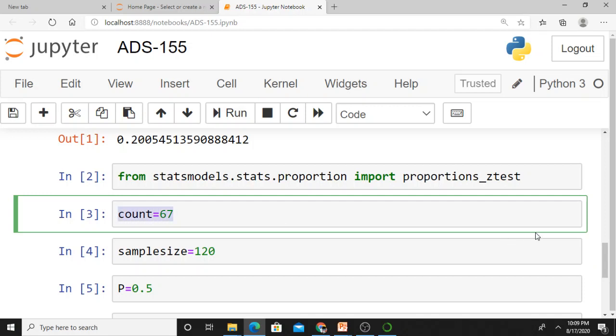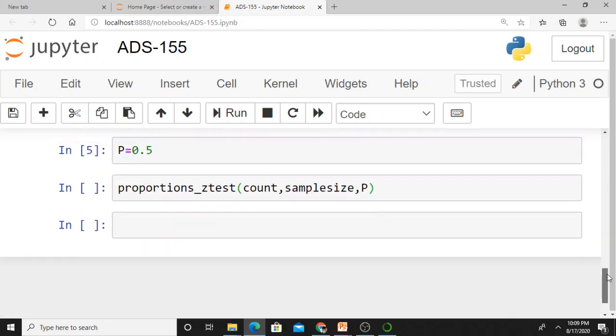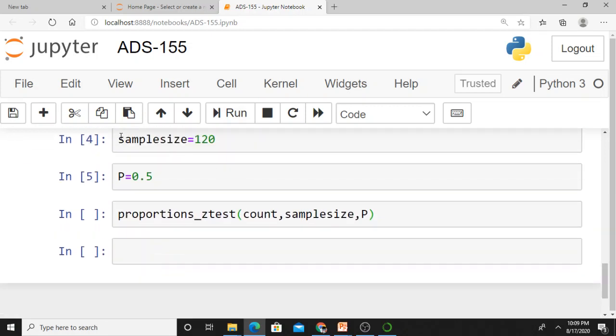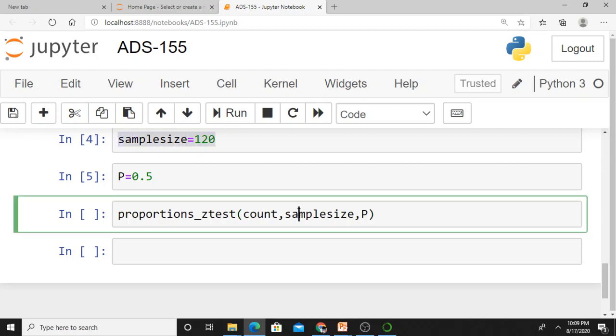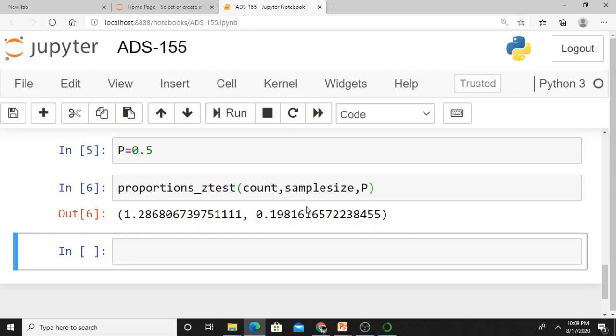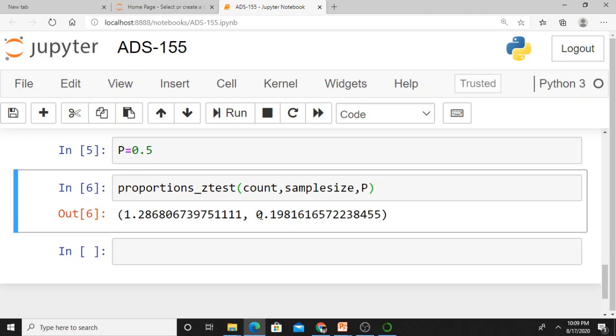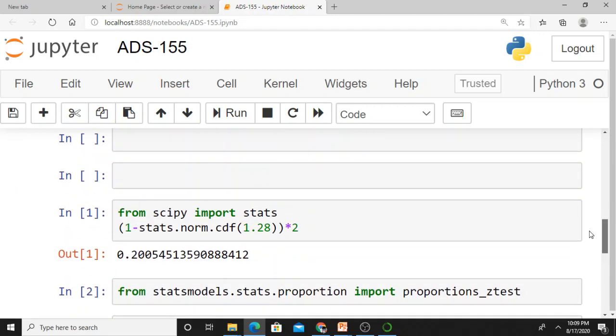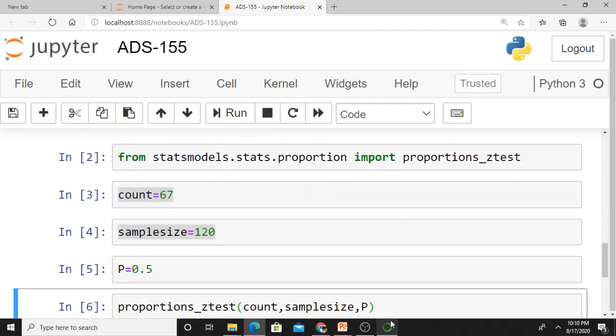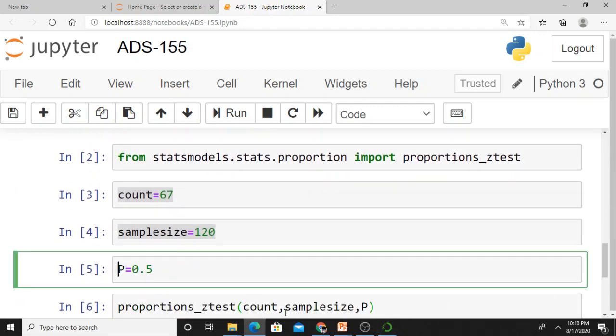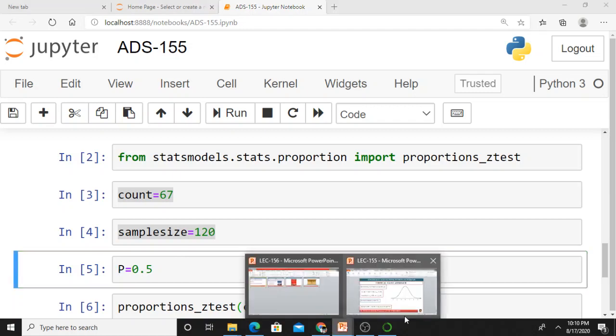Count value is 67, whereas sample size is 120. Capital P is the population proportion, that is 0.5. This is the Z value; just see, 1.28 is the Z value. This is the P value, which you have to multiply with 2. This is actually the P by 2 value. If you multiply with 2, you will get the P value. This is the procedure to calculate your P value and your Z value using Jupyter notebook.